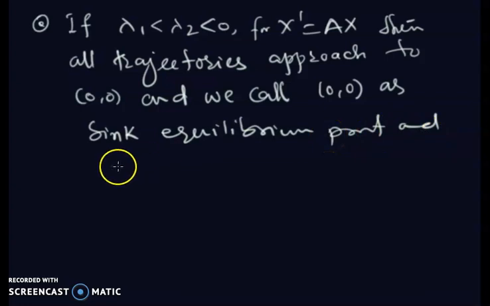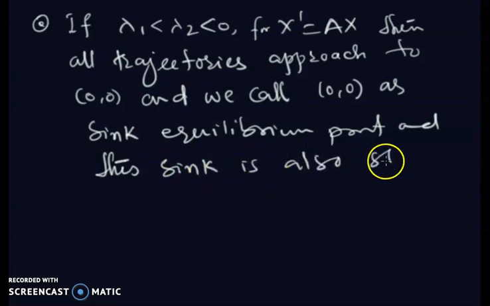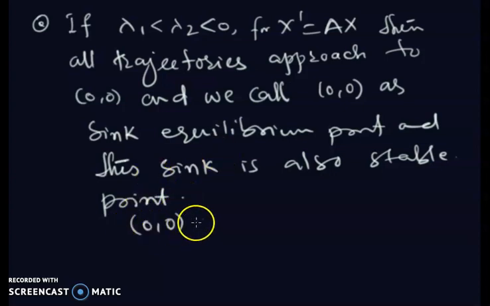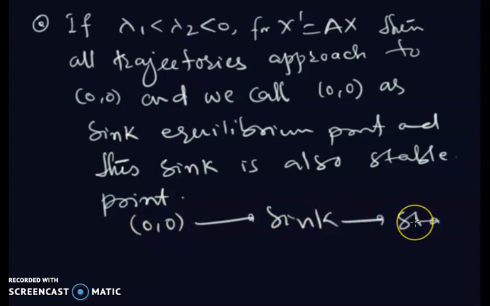This sink is also a stable point. So when the behavior is sink, you mean that the origin is stable. When the origin is a sink, you can also call it stable.